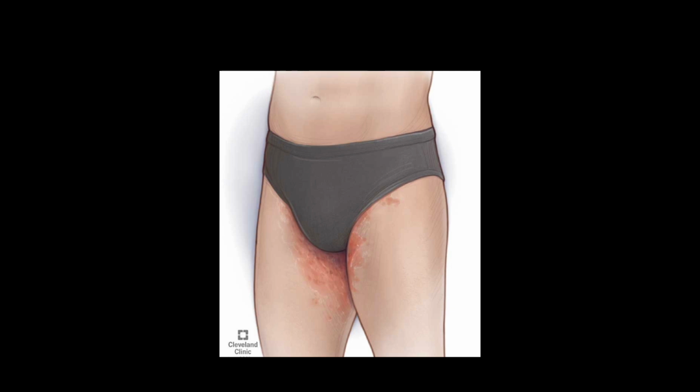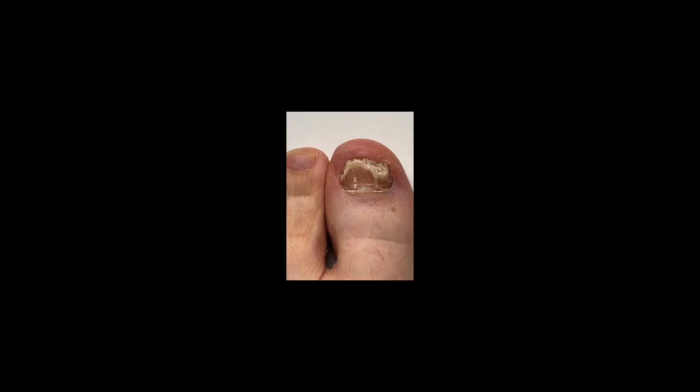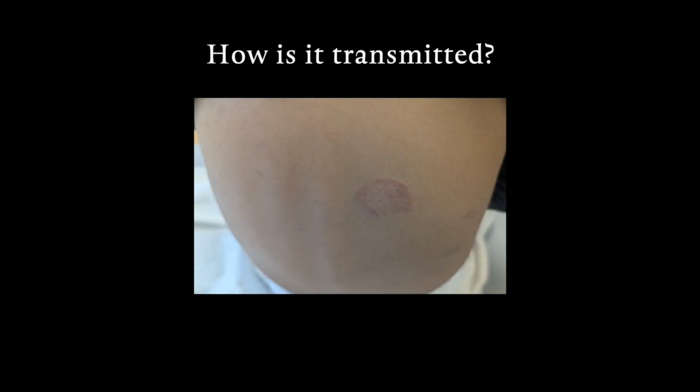And the very tough one is ringworm of the nails. I've seen some kids, some adults or young adults have their nails destroyed by ringworm of the nails. They're called onychomycosis.